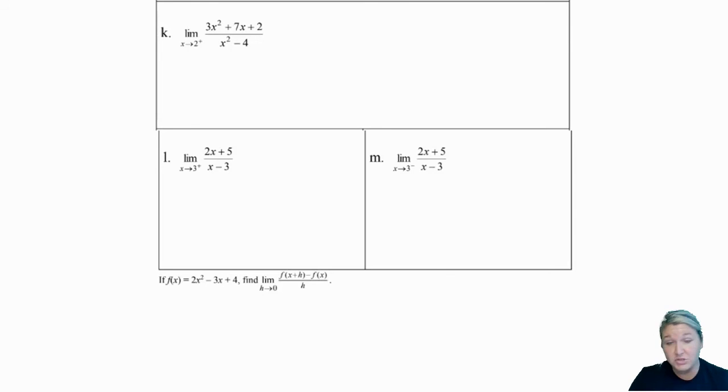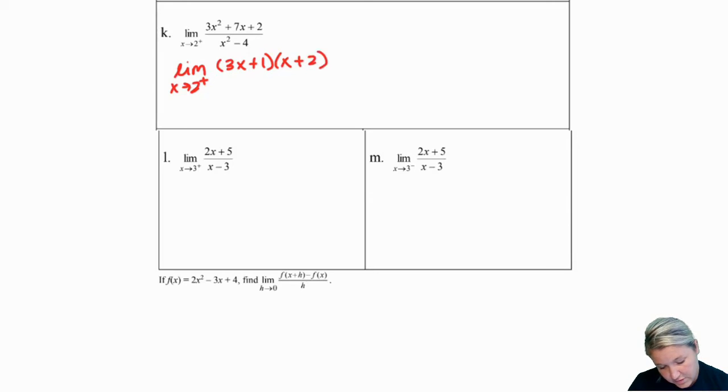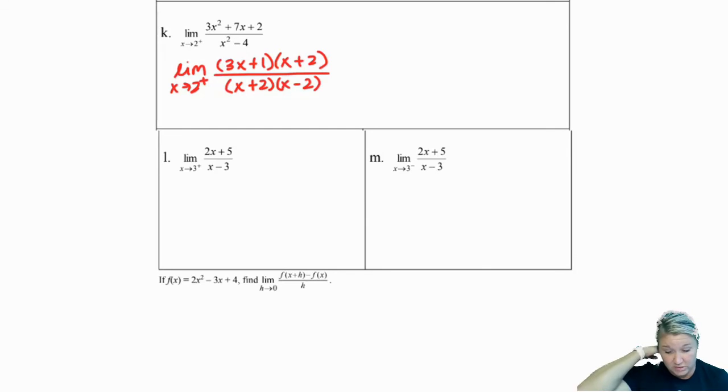All right, so we're going to have to factor here. That's our first step. Since we couldn't plug in, we're just going to factor here. So this is going to be the limit as x approaches 2 from the right of 3x plus 1 times x plus 2 divided by x plus 2 times x minus 2, because that's a difference of squares.